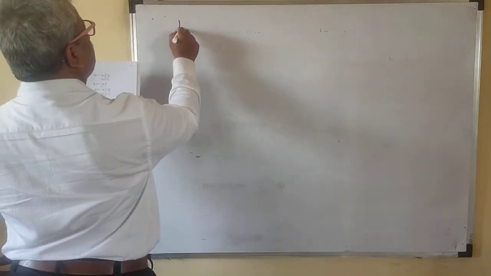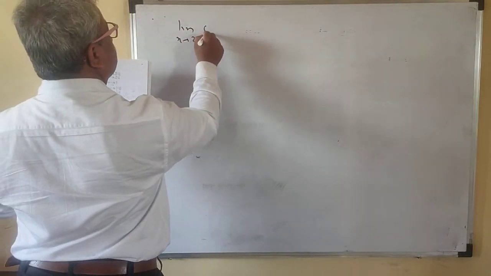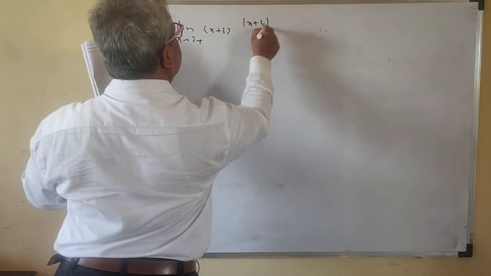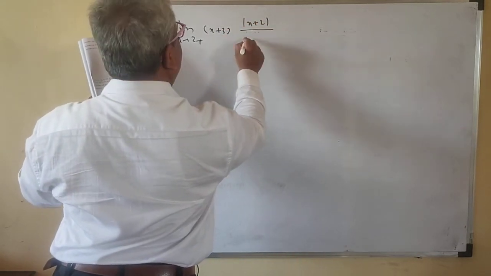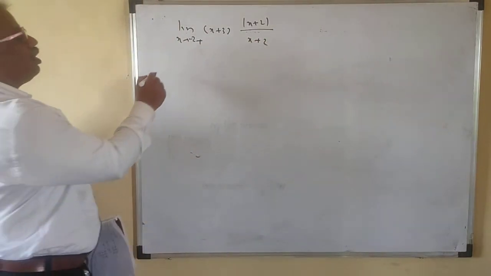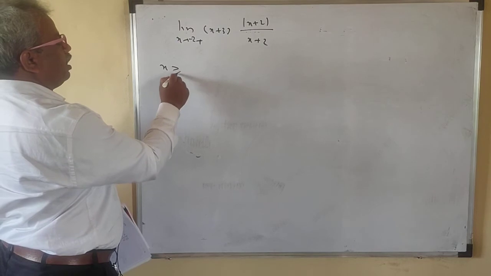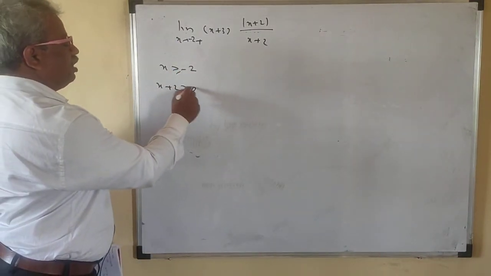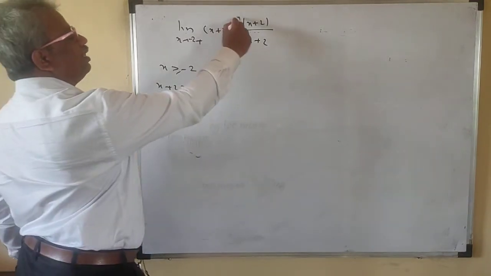Suppose you have this limit, x tends to −2 plus, (x + 3) into mod of (x + 2) upon (x + 2). Here x is greater than −2, that means x + 2 is greater than 0, it is positive, so it gets cancelled.